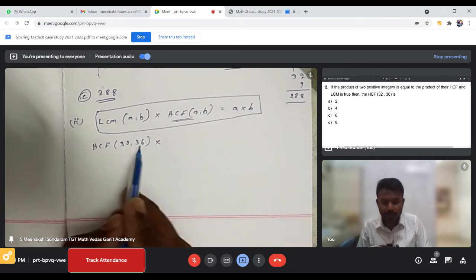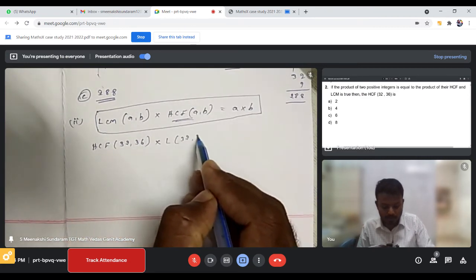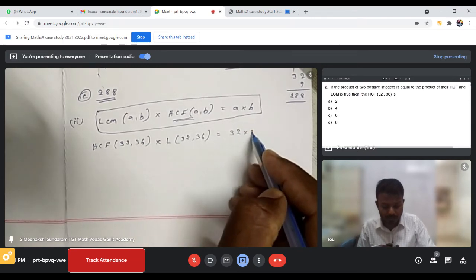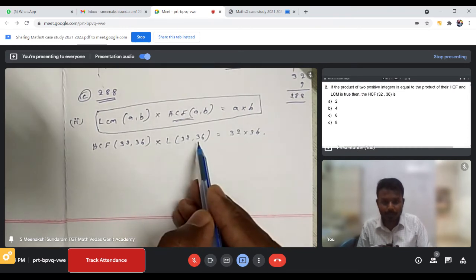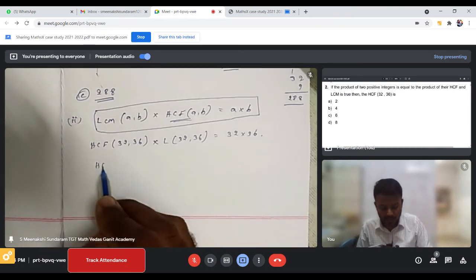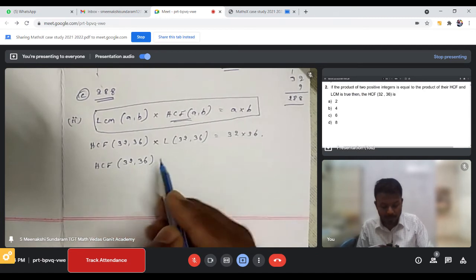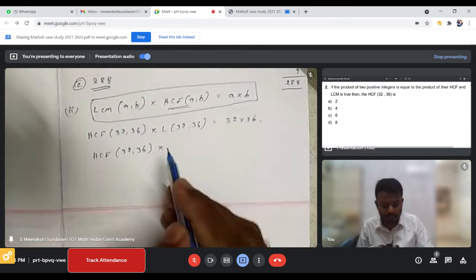HCF of 32 and 36 into LCM of 32 and 36 is equal to A into B, that is 32 into 36. Now I know the value of LCM of 32 and 36, it is 288.